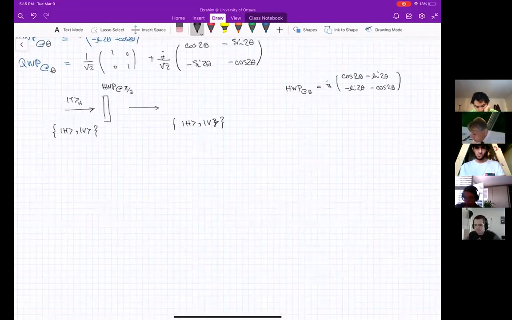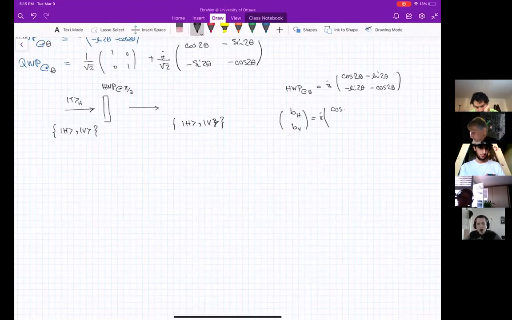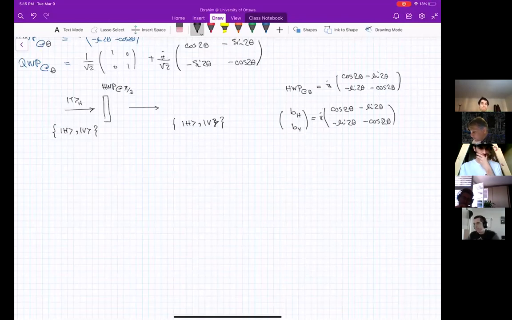So essentially, let's call the output B. BH and BV will be linked to the initial one, which is cosine of 2 theta, minus sine of 2 theta, minus sine of 2 theta, and then minus cosine of 2 theta. Then for the input, I have AH and AV. Now what I have to do is invert it.